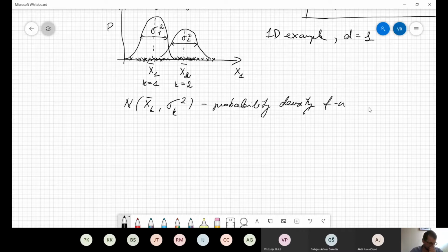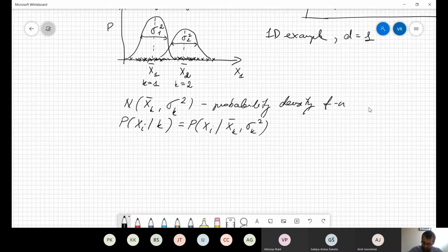Okay, this is a probability density function, and this expresses the probability of our observation to be in the cluster K, which is equal to the probability of the observation to be in the cluster expressed by the center of the cluster and variance.